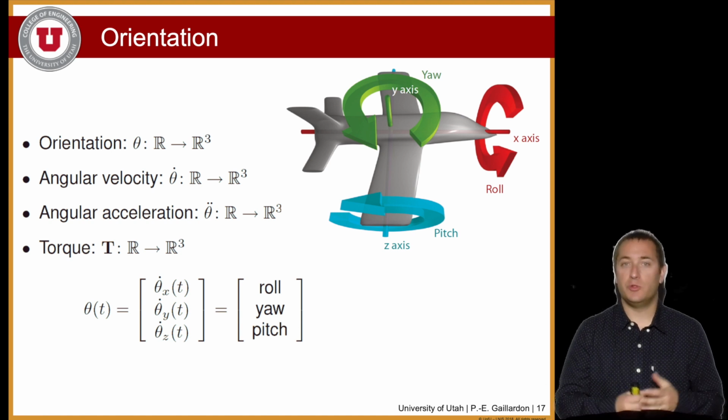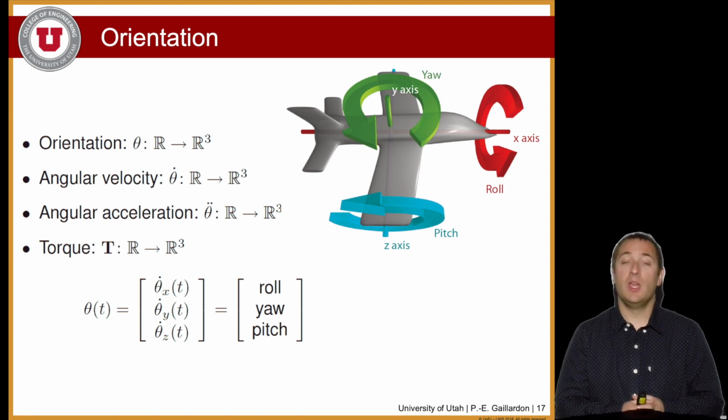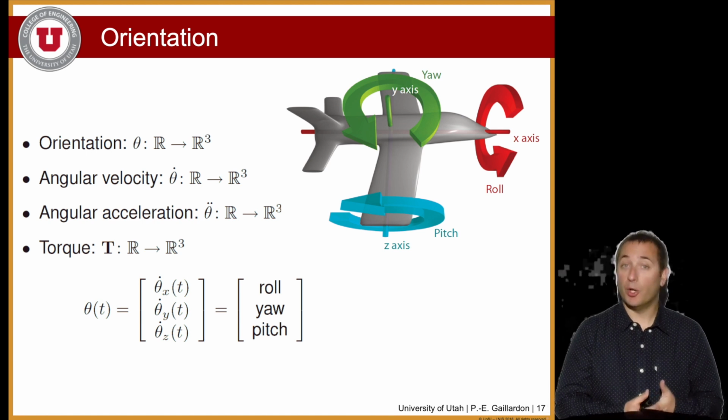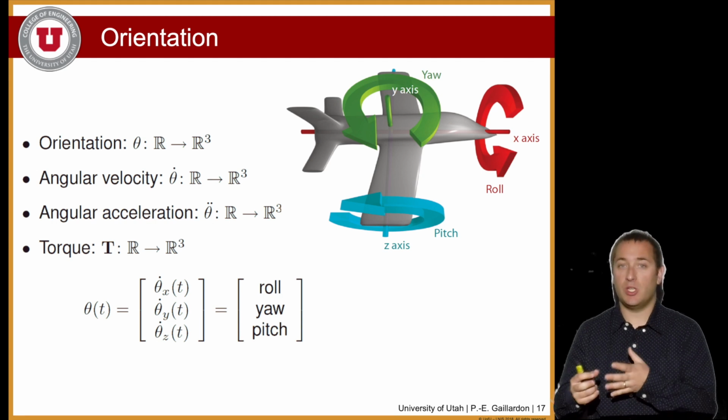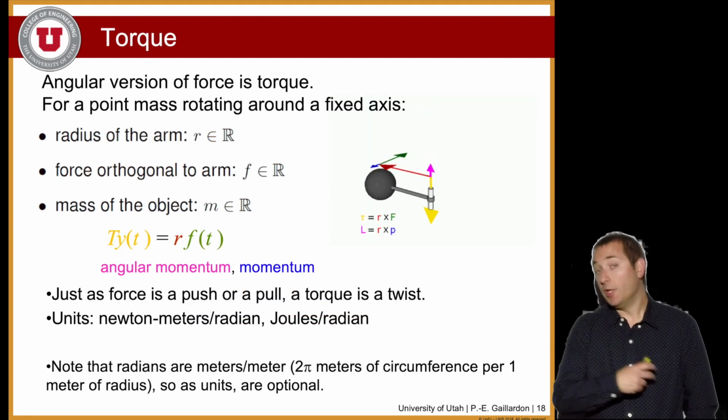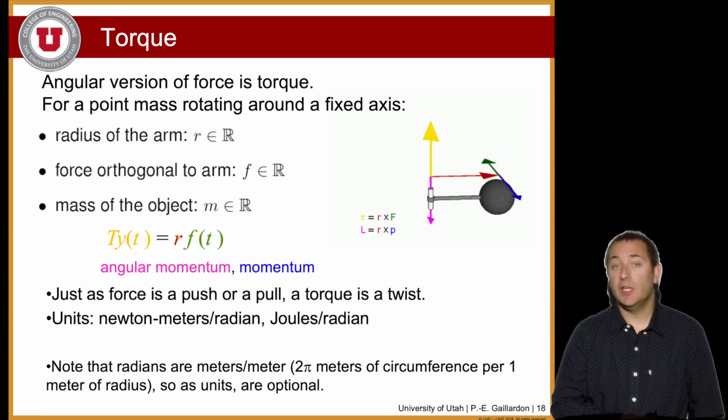So you'll have your values, the roll, the yaw, and the pitch. You can derive the position as well as the angular velocity and angular acceleration. That obviously makes a lot of sense when you consider a motor, which is the direct application of this lecture. One important notion to remember as well is the torque.